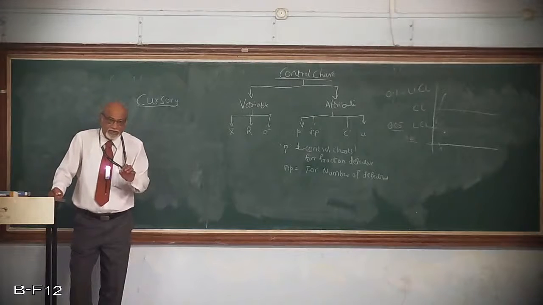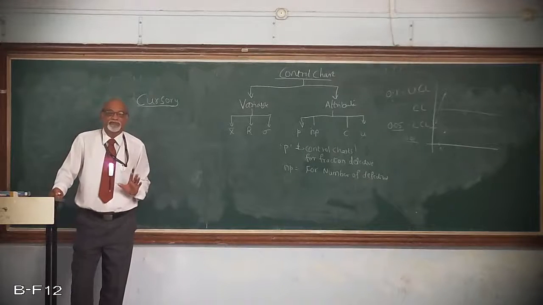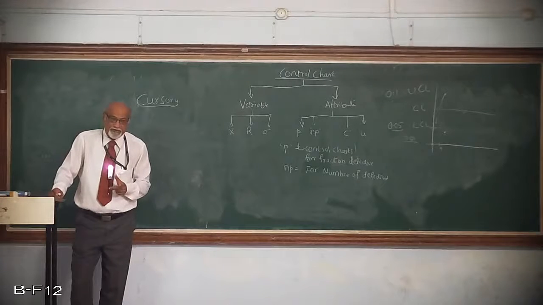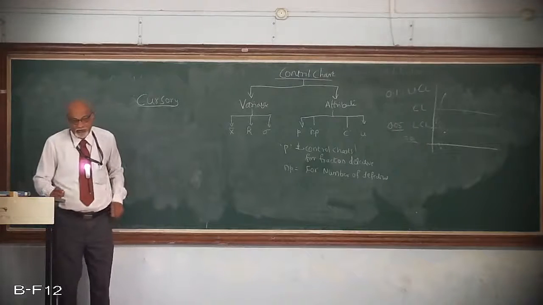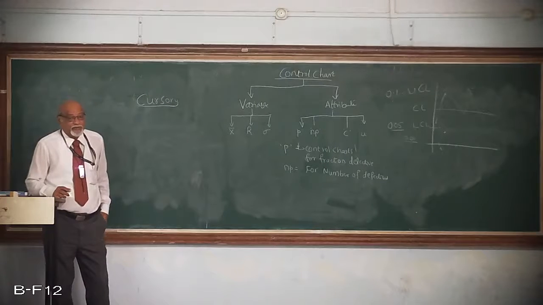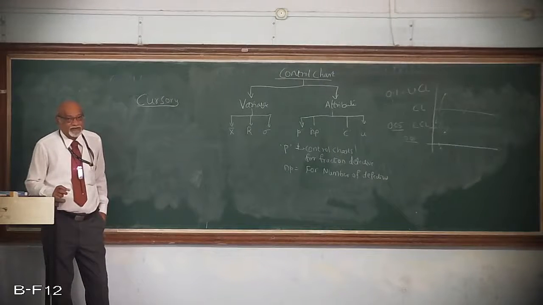Okay, but I'll try to give you the tips. There you look for the wordings. Attribute control charts. There it might be number of defectives or fraction defective or the defects, total defects or defects per unit, they will come into picture.